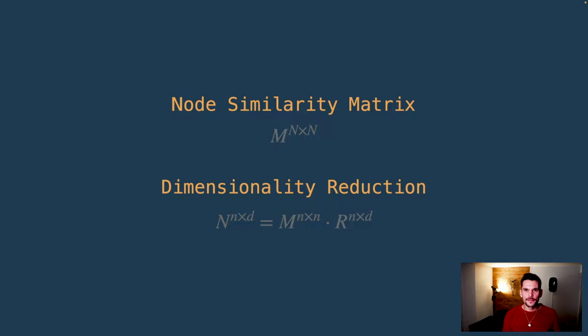And the second step in graph embeddings is always a dimensionality reduction, because our M matrix, our similarity matrix, has such huge dimensions. So for large graphs, this n becomes very large. We want to reduce the second dimension to d, where d is much smaller than n. So for example, we want to find node embeddings of 10 dimensions. We want to end up with a vector of 10 dimensions for each of the nodes.